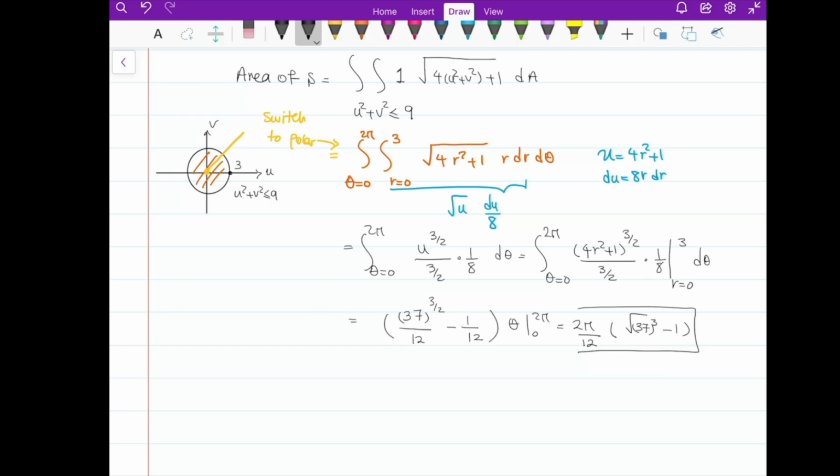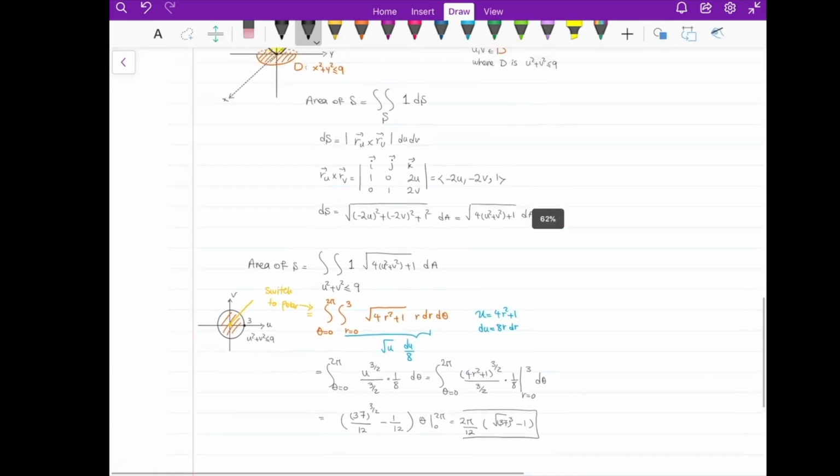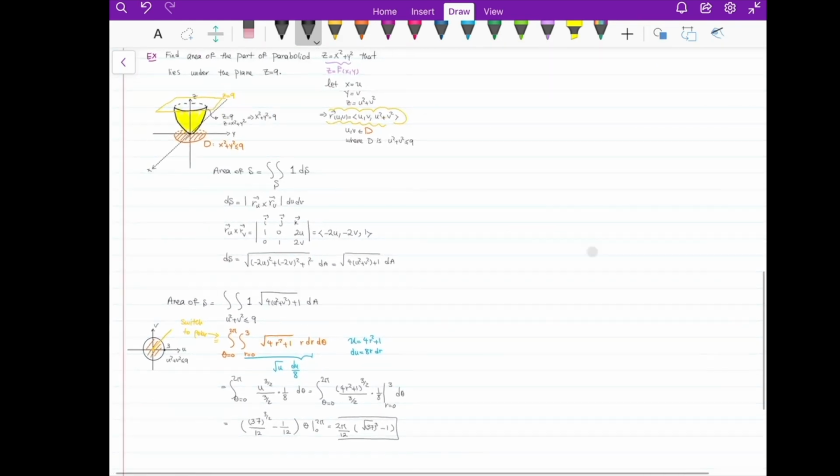Okay, that's the answer for this question, the surface area of the region of the paraboloid under the plane z equals 9.